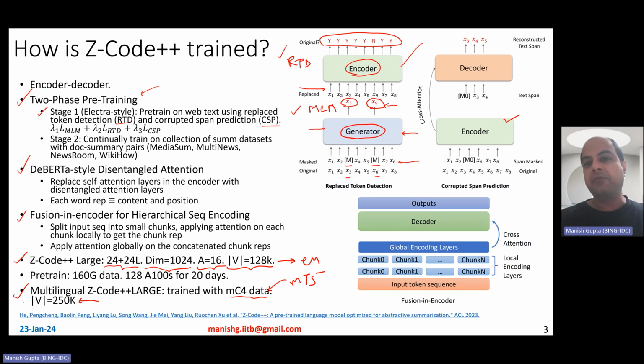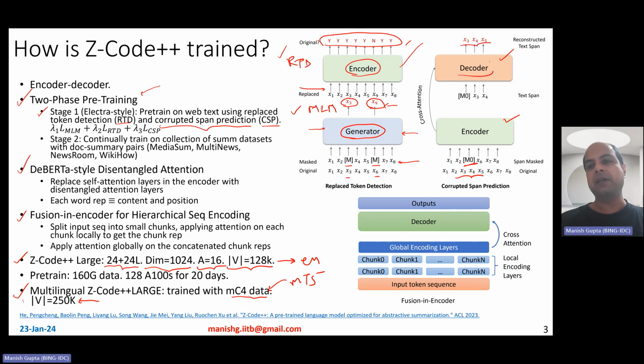And then after the output is generated by the encoder, you give that to the decoder. So then it is a standard encoder-decoder framework where the decoder tries to do corrupted span prediction. If you have a particular span that was input, so you masked out a span, X3, X4, X5, you input that to the encoder, and then you ask the decoder to correctly identify this X3, X4, X5.